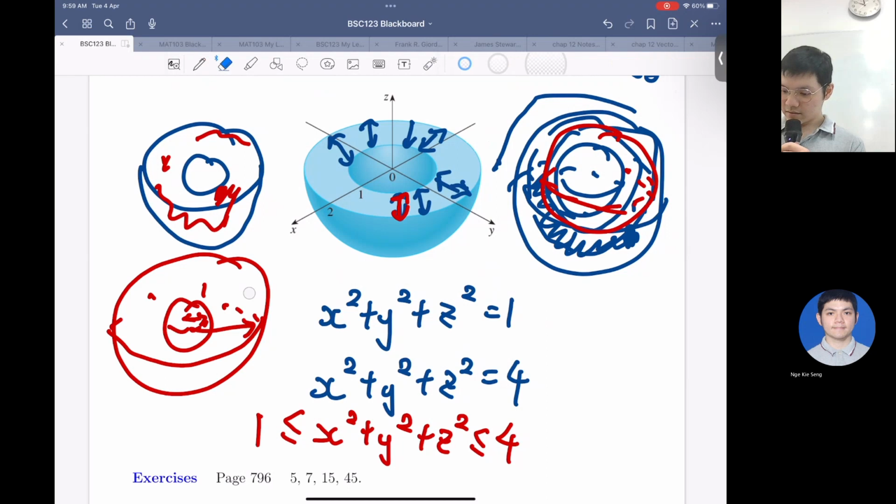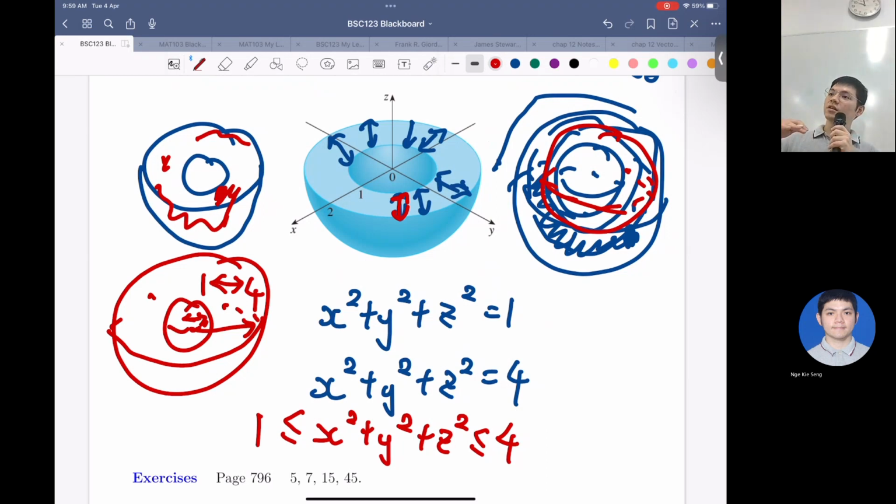After we fill it, we want to remove the top hemisphere. How to remove the top hemisphere? Let's say z equal to 0, so we just care about z less than or equal to 0. So this equation is what we described just now.